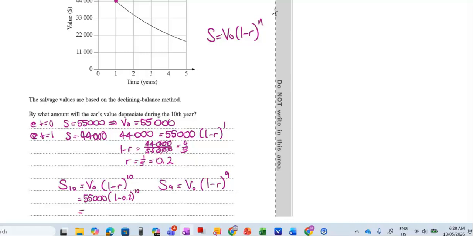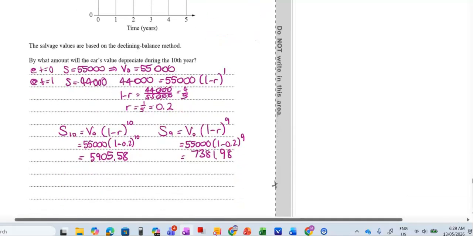And I can put all of that in my calculator, and I get 5905.58. And S9 is 55,000 times (1 minus 0.2) to the 9. Putting that in my calculator, I get 7381.98. So I'm interested in the difference between those two values.